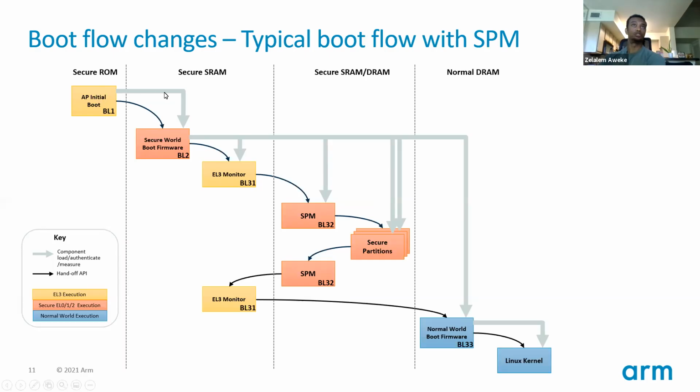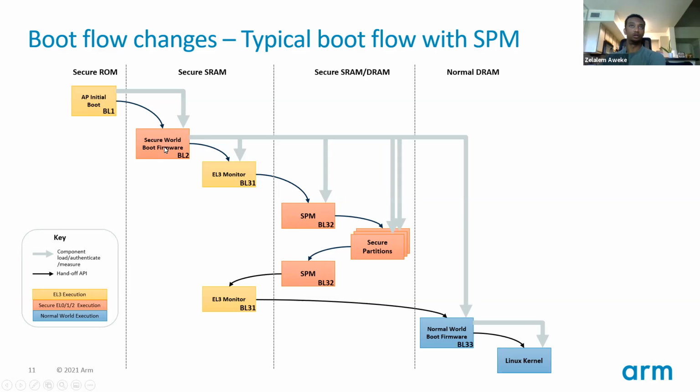The secure ROM loads and verifies the secure boot firmware, BL2. BL2 typically runs at secure EL1, right? BL2 loads and authenticates the BL31, the EL3 monitor, SPM, secure partitions, and the normal world boot firmware BL33.